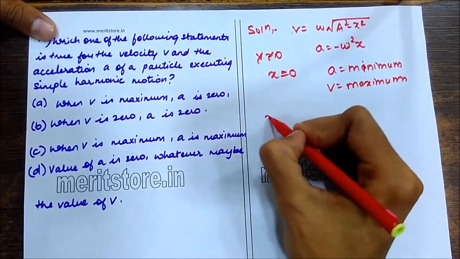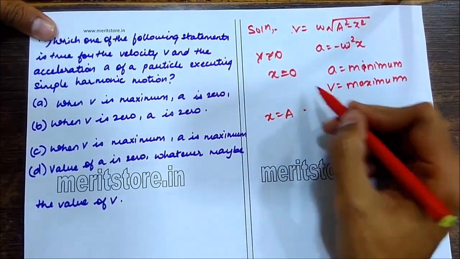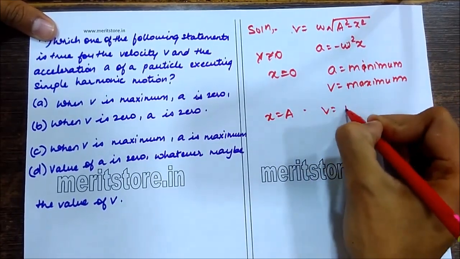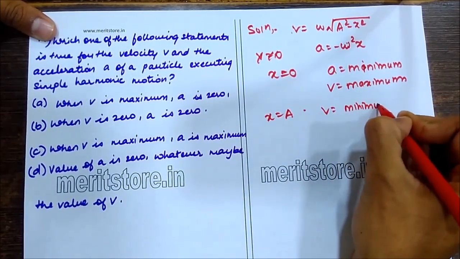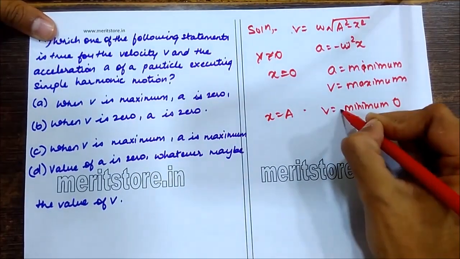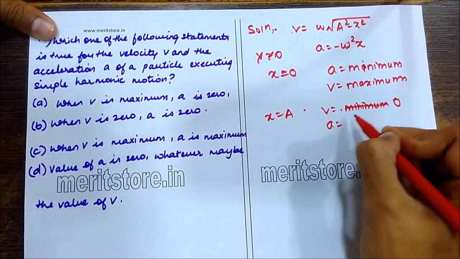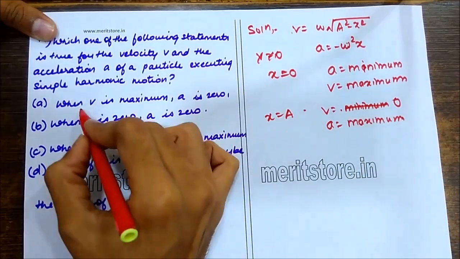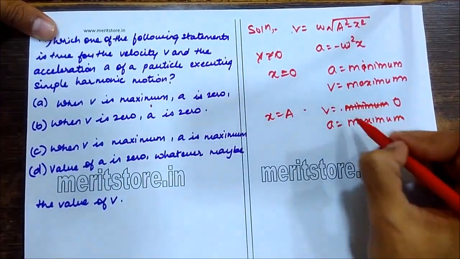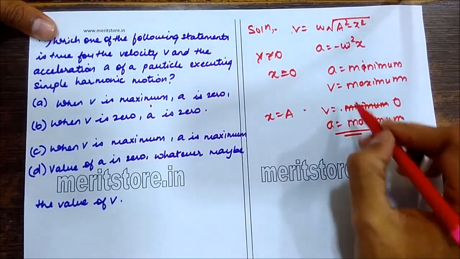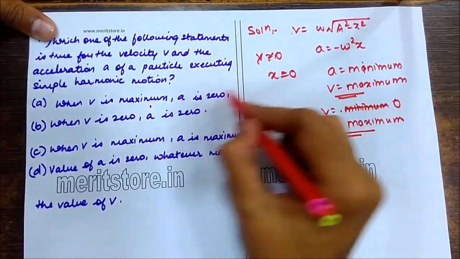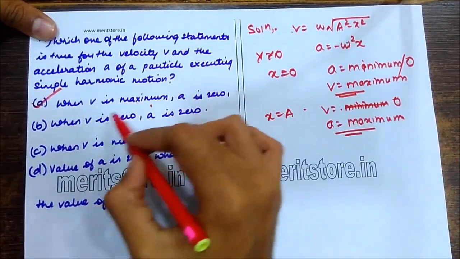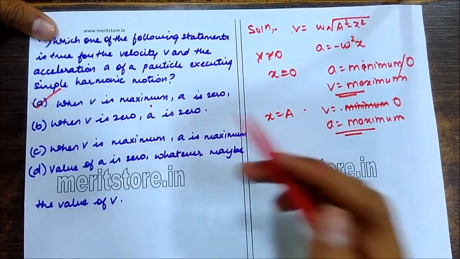And suppose the displacement x becomes equal to a, then the velocity will be minimum, it will be 0, and the acceleration will be maximum. So when v is maximum, acceleration is 0. So we have option A: v is maximum, acceleration is 0.